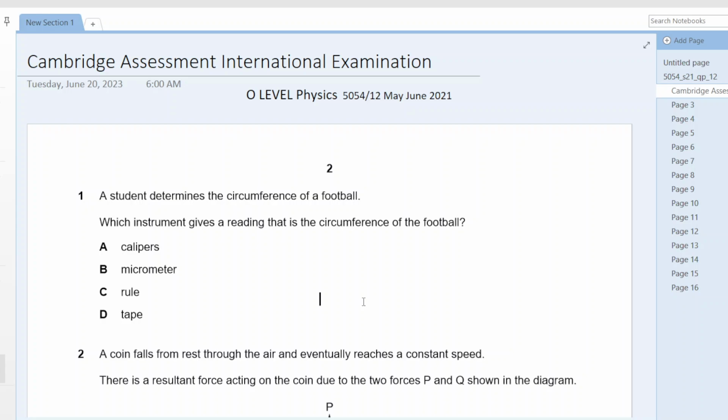Which instrument gives a reading that is the circumference of the football?